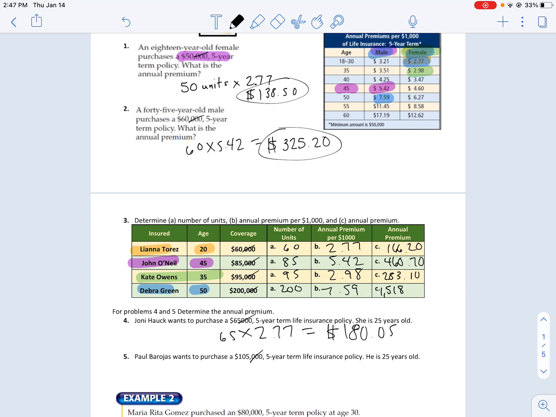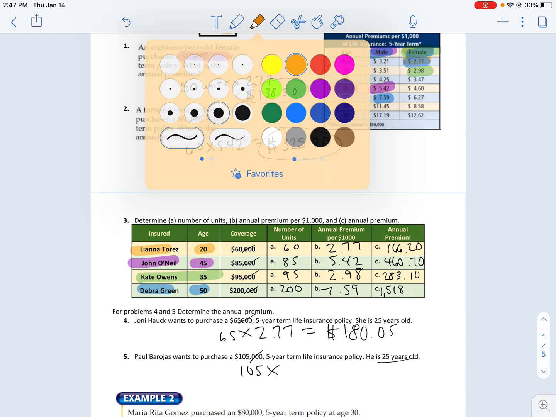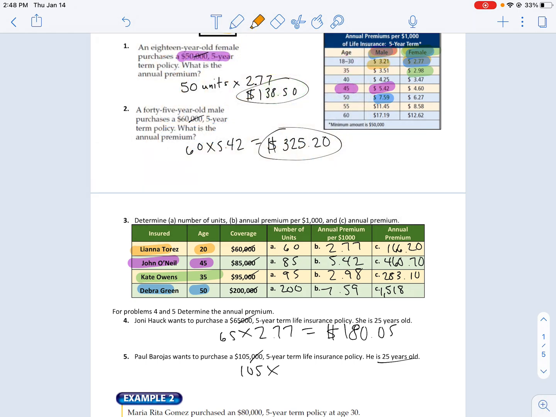Paul, 105 units. He's 25 and male. Male, 25, 321. Looks like he's going to pay $337.05.